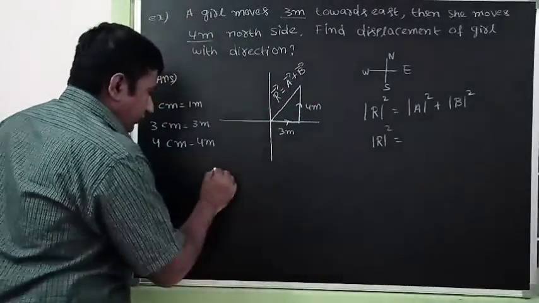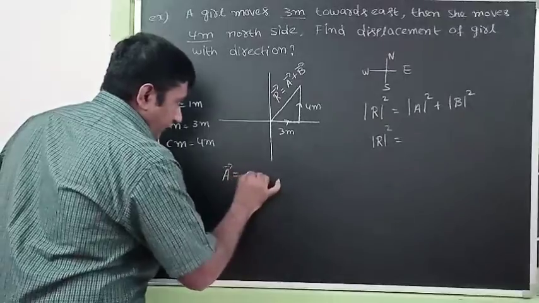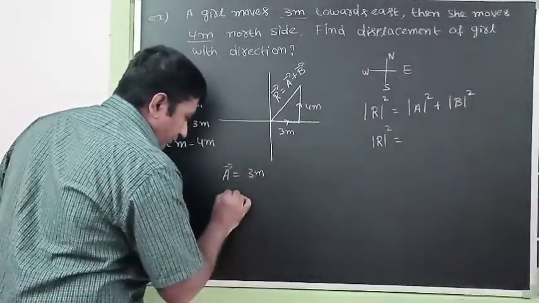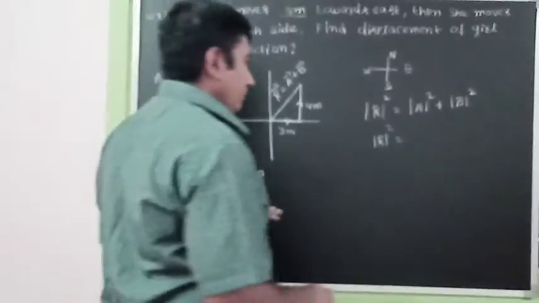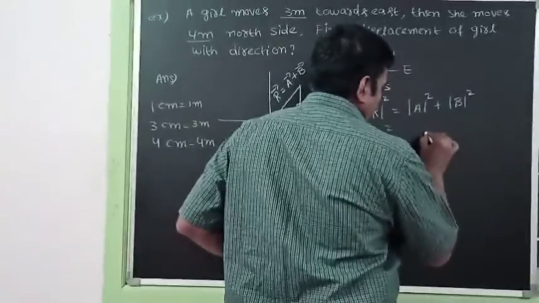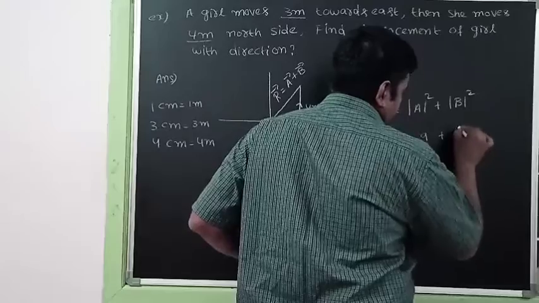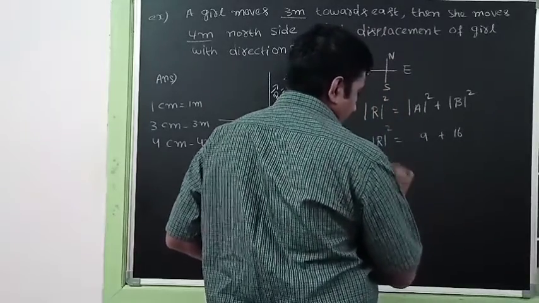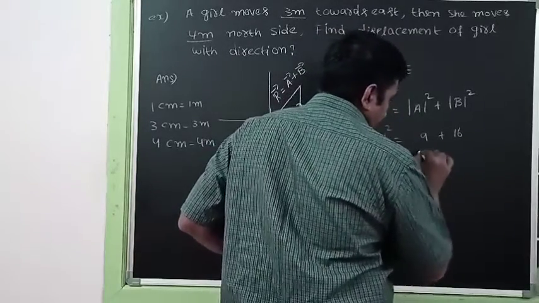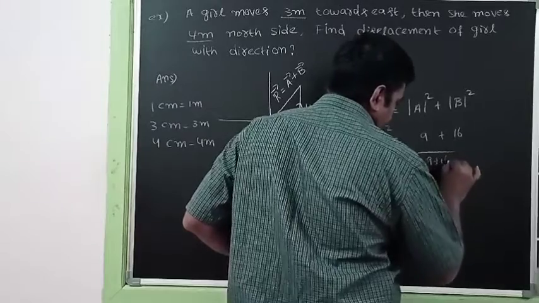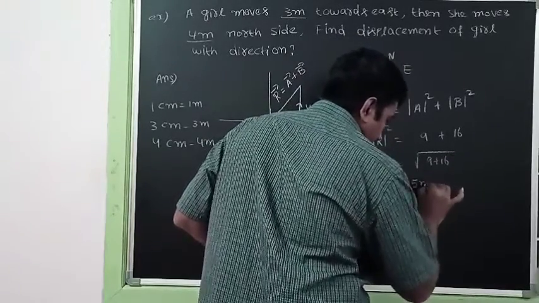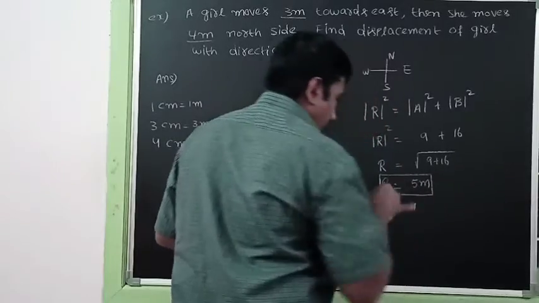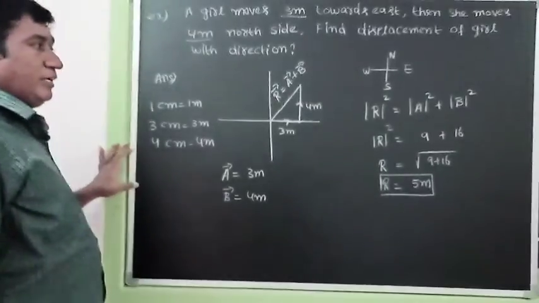A vector is 3 meters and B vector is 4 meters. So 9 plus 16. R is equals to root of 9 plus 16, which is nothing but root 25, which is 5 meters. This is the resultant. It's clear.